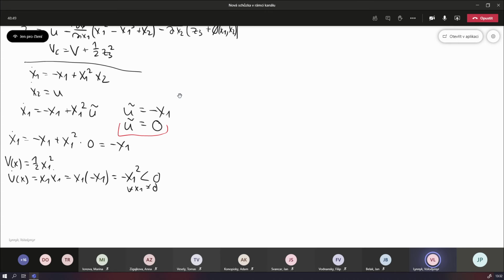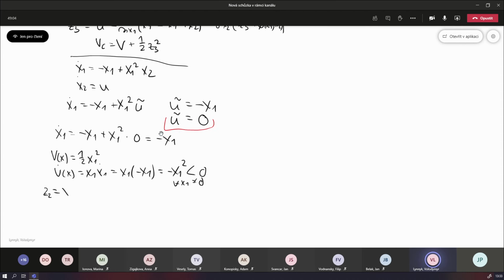And now we make the next step, step 2. We need to define the variable z2. Okay, z2 equal to x2 minus this virtual control with wave, and for this we know that x2 equal to z2 plus u with wave.